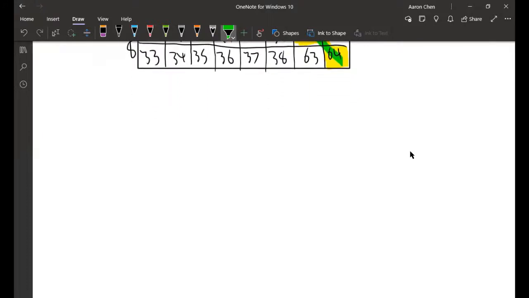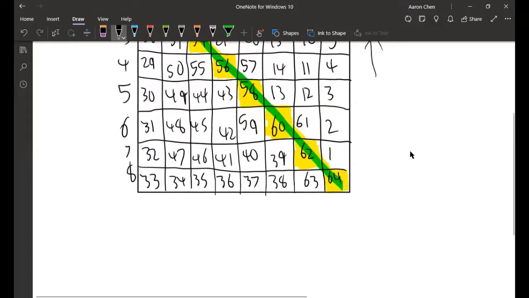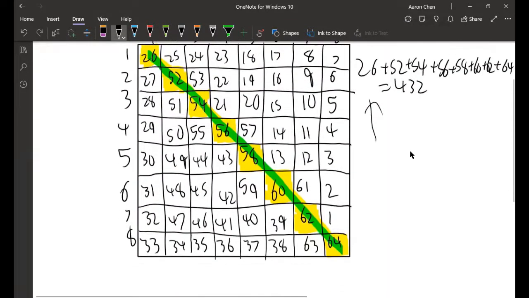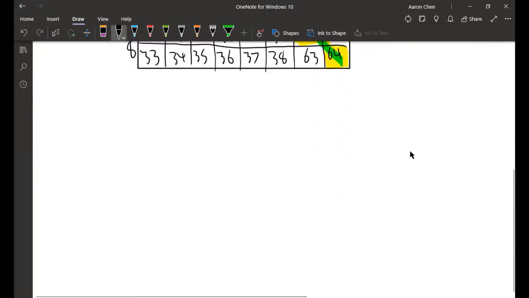And so now we can color all the pieces of this board in a chessboard style. And so a and a plus 1 share an edge, and so that means that they are different colors.